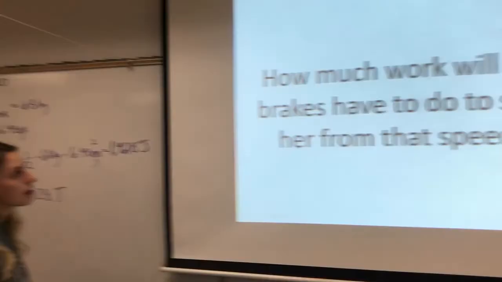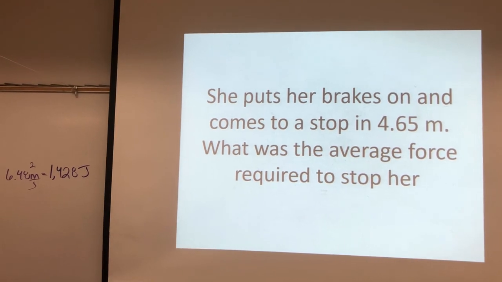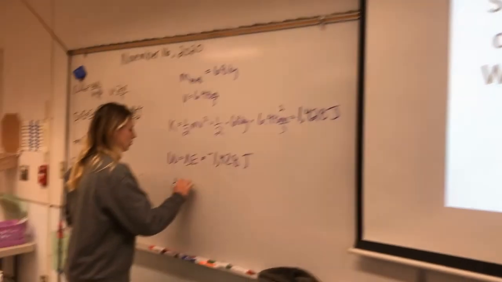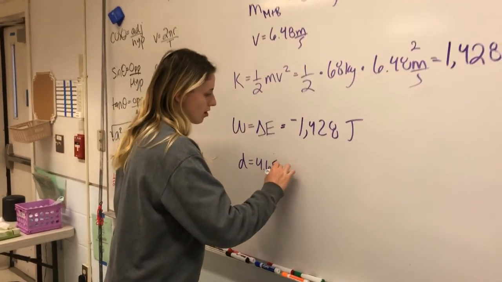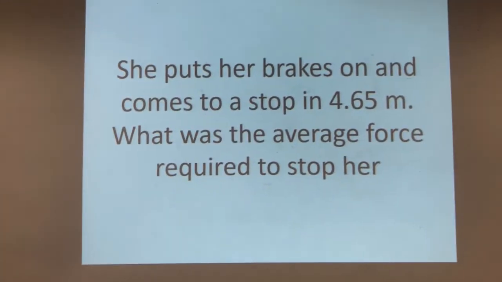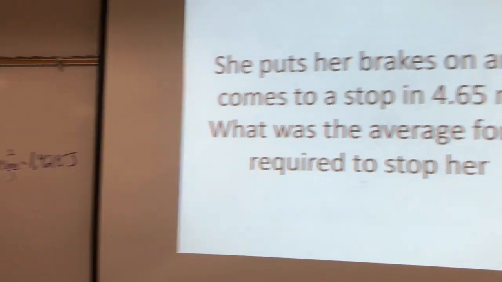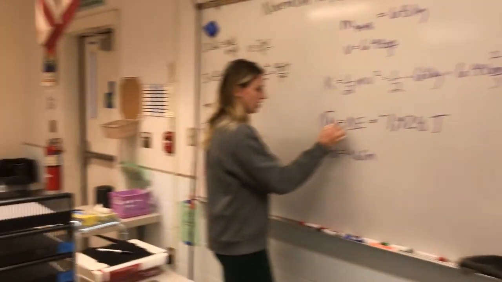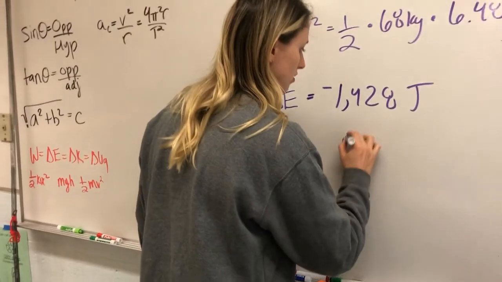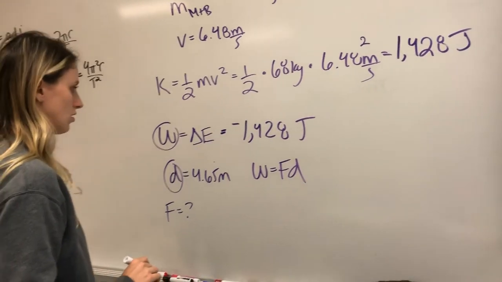Okay, she puts her brakes on and comes to a stop in 4.65 meters. What was the average force required to stop her? So I've got work, I've got distance, and I want to know force. Well, work is force times displacement in the direction of the force.